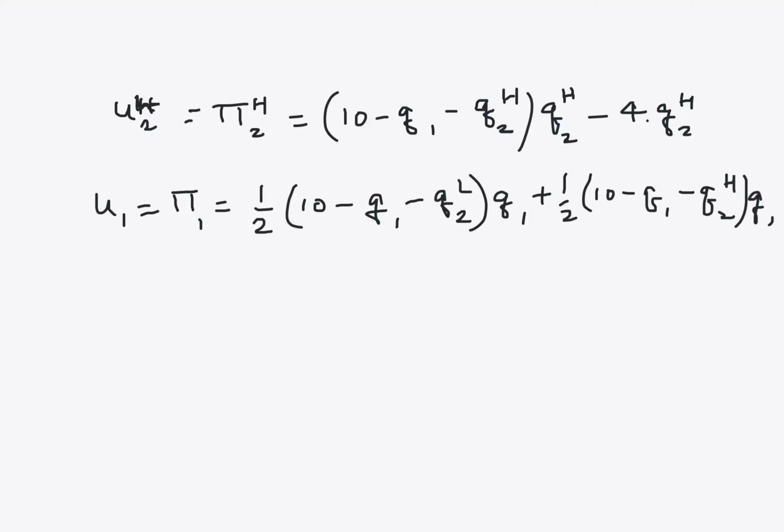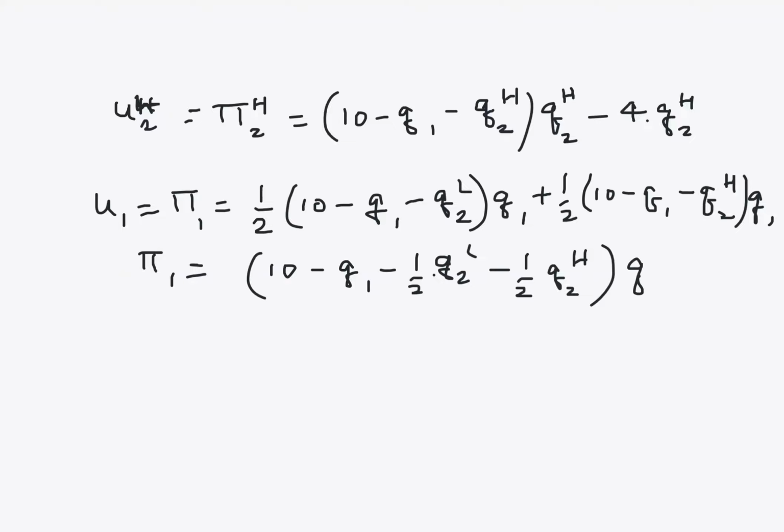So this profit function of firm 1, which is expected profit, simplifies to 10 minus Q1 minus half times Q2L minus half times Q2H, and this gets multiplied by Q1.